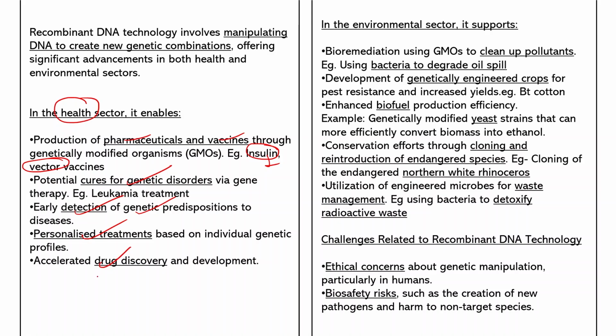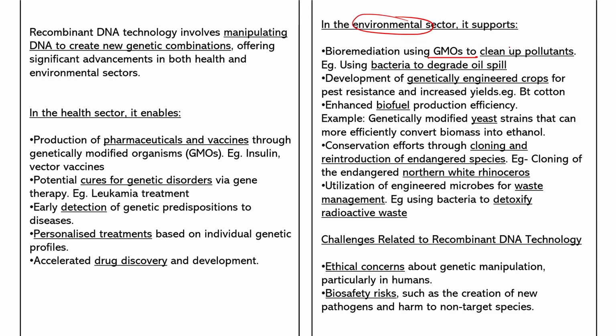And you can discover new medicines by studying the genetic makeup of different organisms. You can understand the functioning of different genes, right, which can facilitate these two things, development of medicines and personalized treatments.